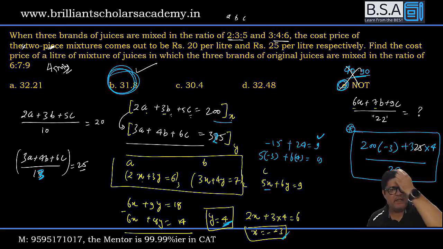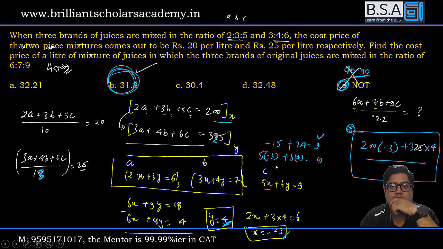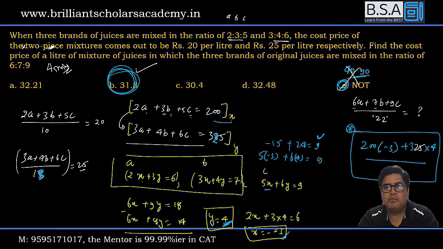By multiplying the complete equation with x and y. इस पूरे को x से मल्टीप्लाई कर दिया, this entire equation multiplied with x, तो A के लीटर बन जाएंगे 2x, A के लीटर बन जाएंगे 2y, 3y.